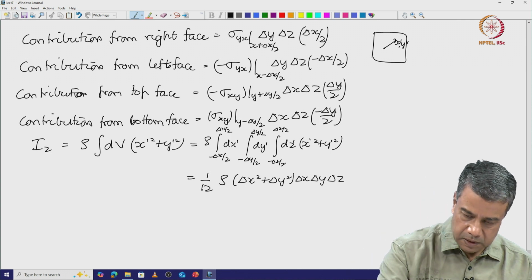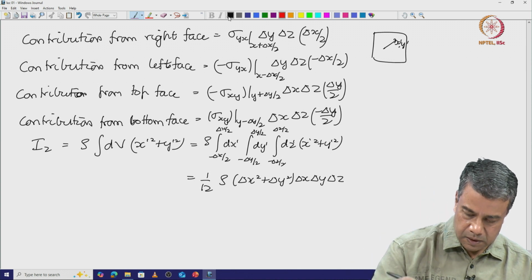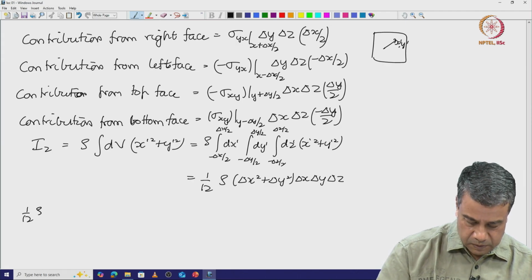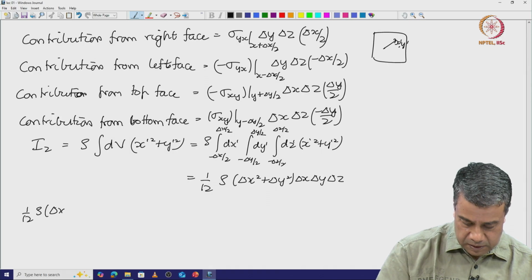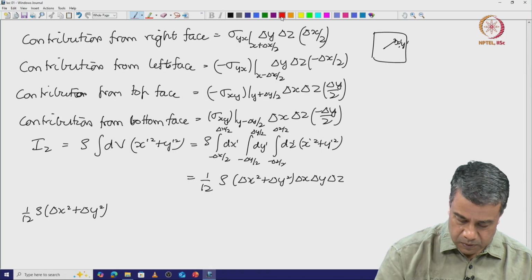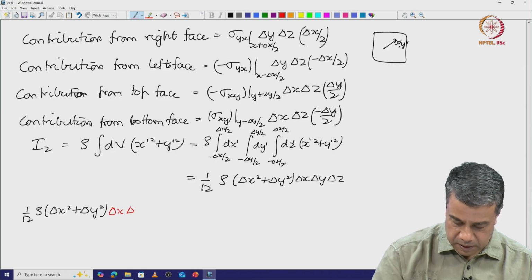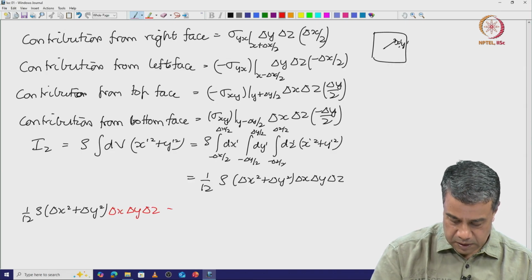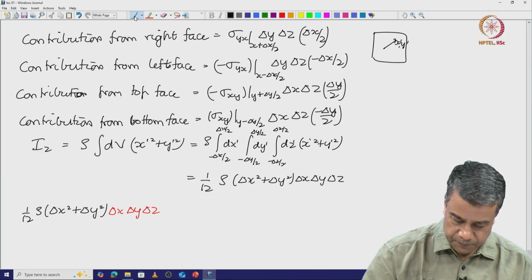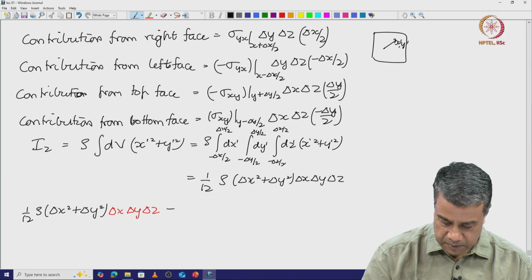So, on the left side, 1 by 12 rho into delta x square plus delta y square into delta x delta y delta z, that is equal to the sum of the torques.